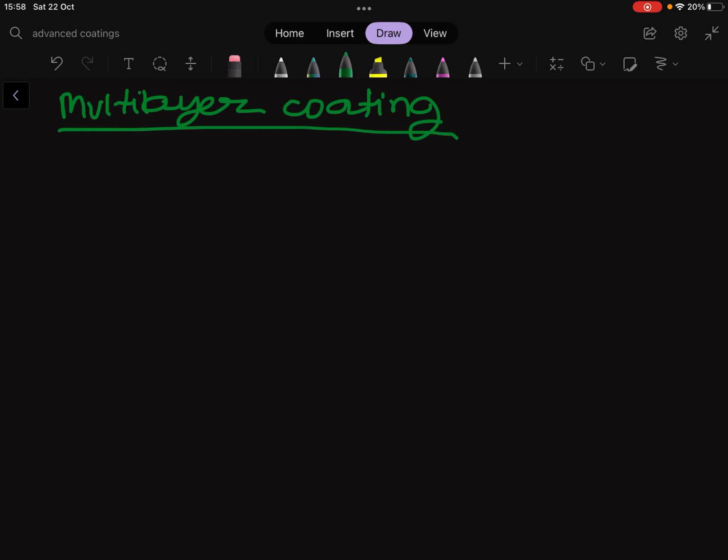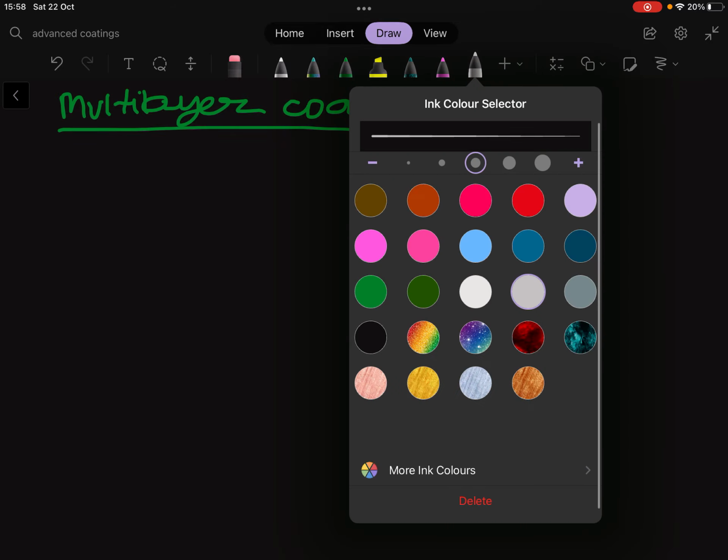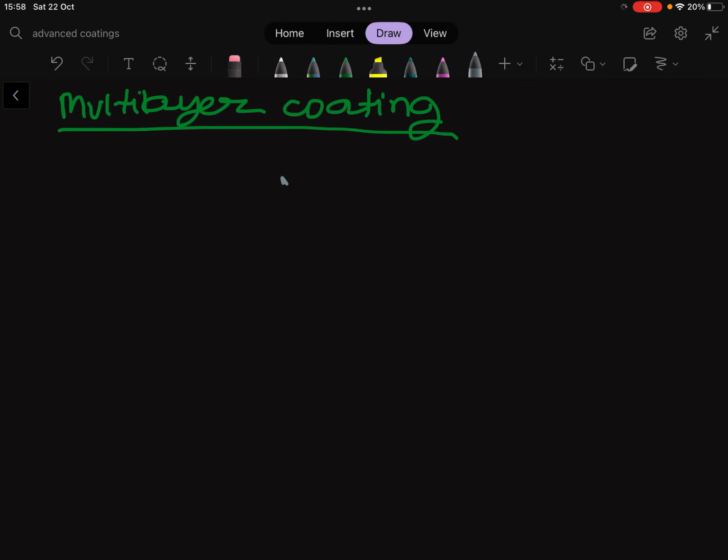Now let us plot the given structure of the multi-layer coating.